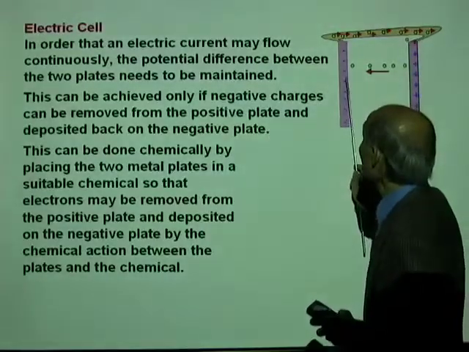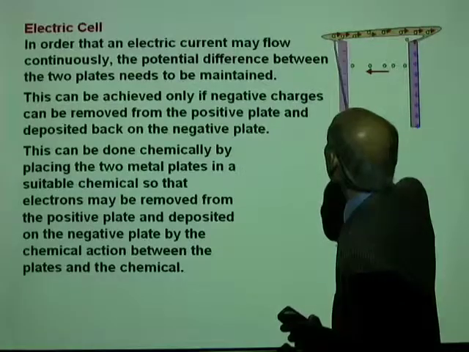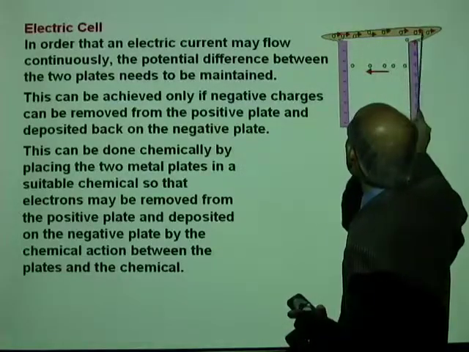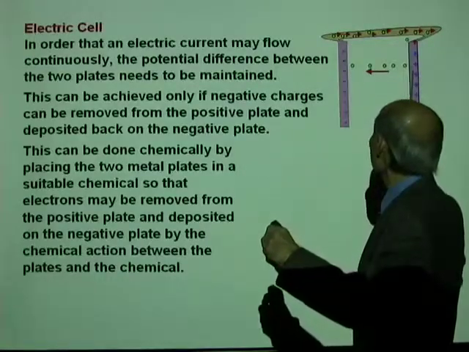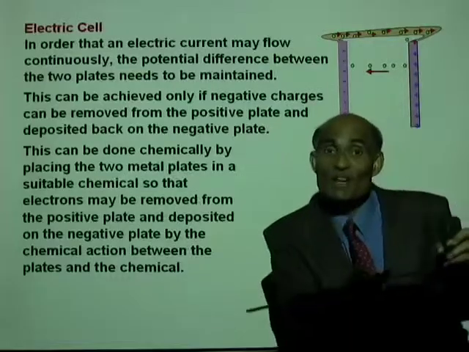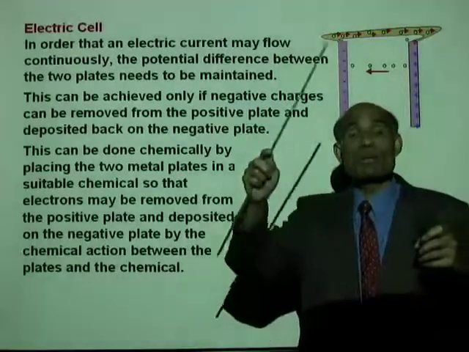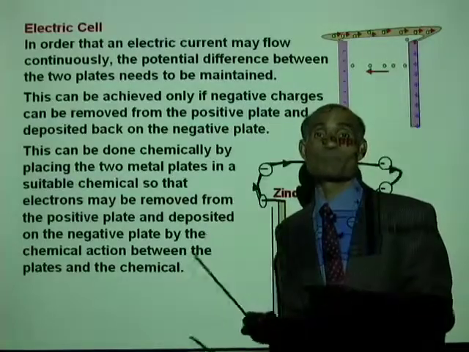You see, in order to maintain the current, as negative charges keep moving from the negative to the positive externally, you need to move the electrons from positive to negative internally through the cell. Then only the electric current will keep on flowing.